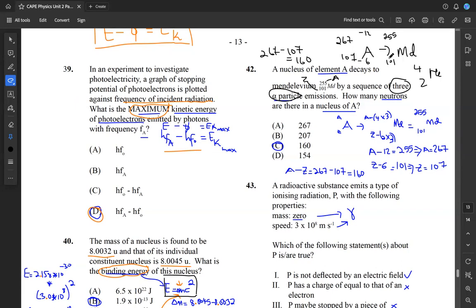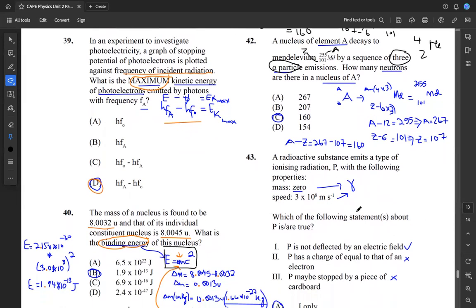So decrease by 6, we end up with this mendelevium. Decrease by 12, we ended up with this value for the mendelevium mass number. Okay? So just sit with that one for a little bit, but just remember your different kinds of emissions that you can have, alpha, beta, or gamma, and just remember the changes that occur in mass number and atomic number per emission, right? All right.